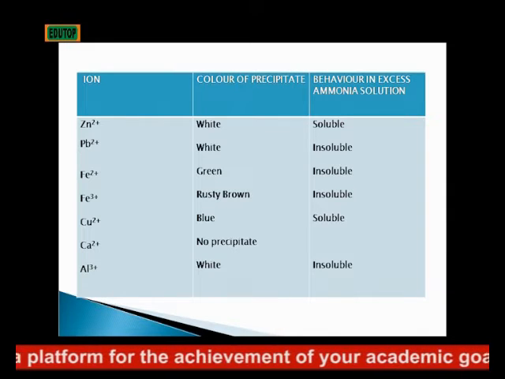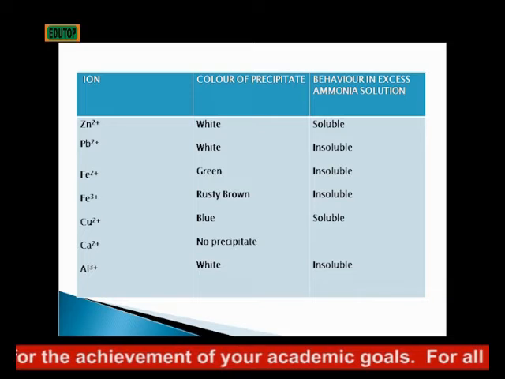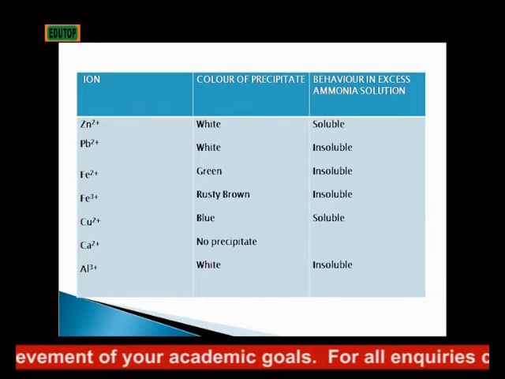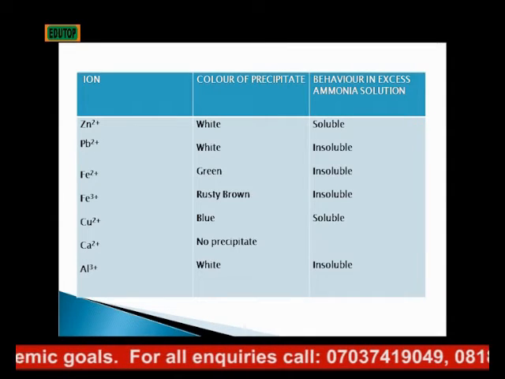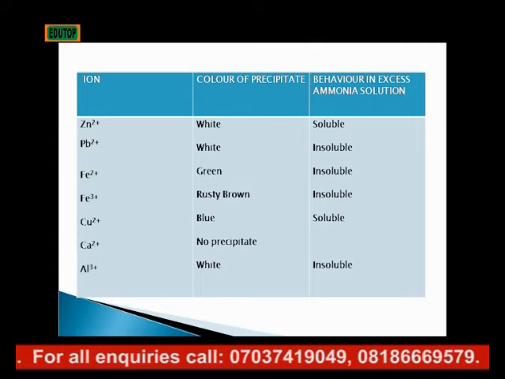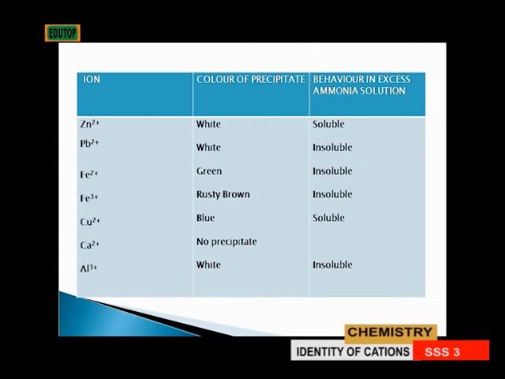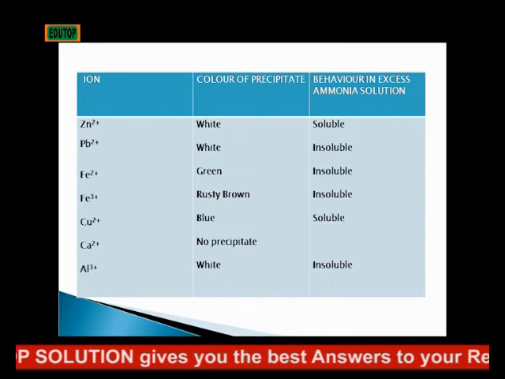Iron 2+ also retains its green color in ammonia solution, but it is insoluble in ammonia solution. Iron 3+ also retains its rusty brown color and is also insoluble in ammonia solution. Copper 2+ is also blue and is soluble in ammonia solution. Calcium 2+ forms no precipitate with ammonia solution.